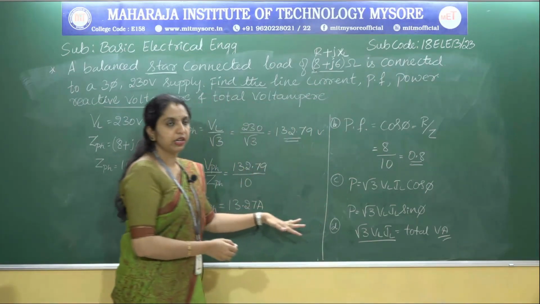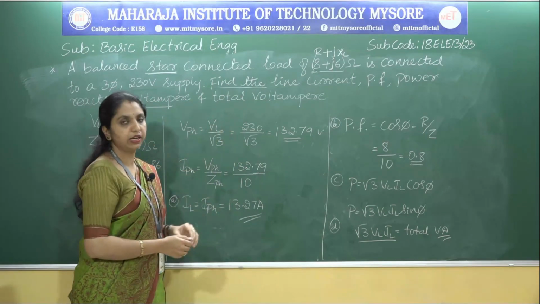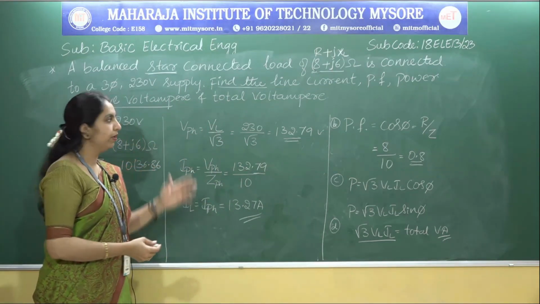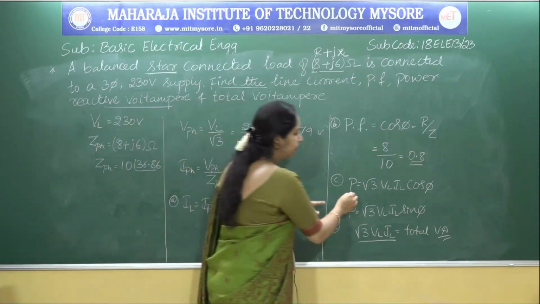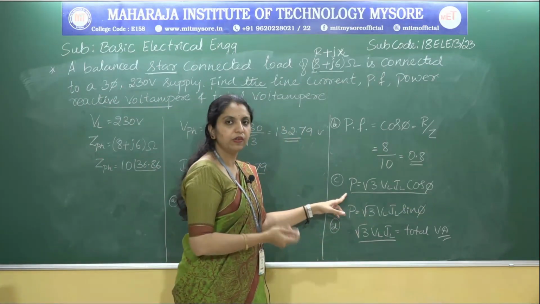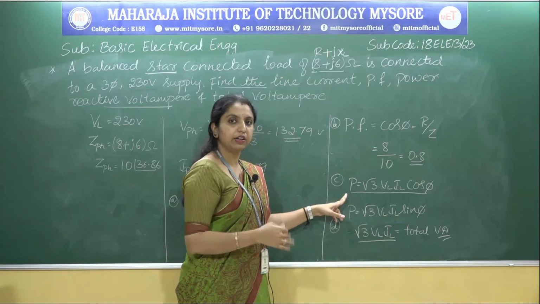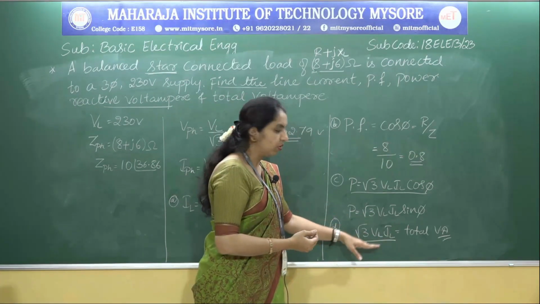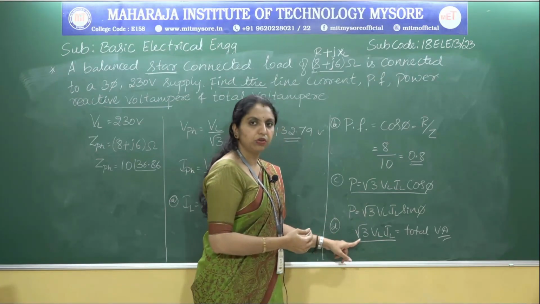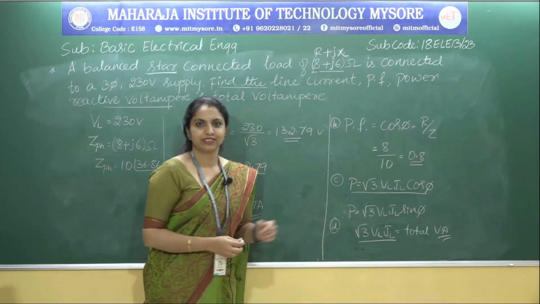In this way we can calculate the values of line current, power factor, and power. Remember, the active power is always P is equal to root 3 VL IL cos phi, the reactive power is equal to root 3 VL IL sin phi, and the total volt ampere is equal to root 3 VL IL. Thank you.